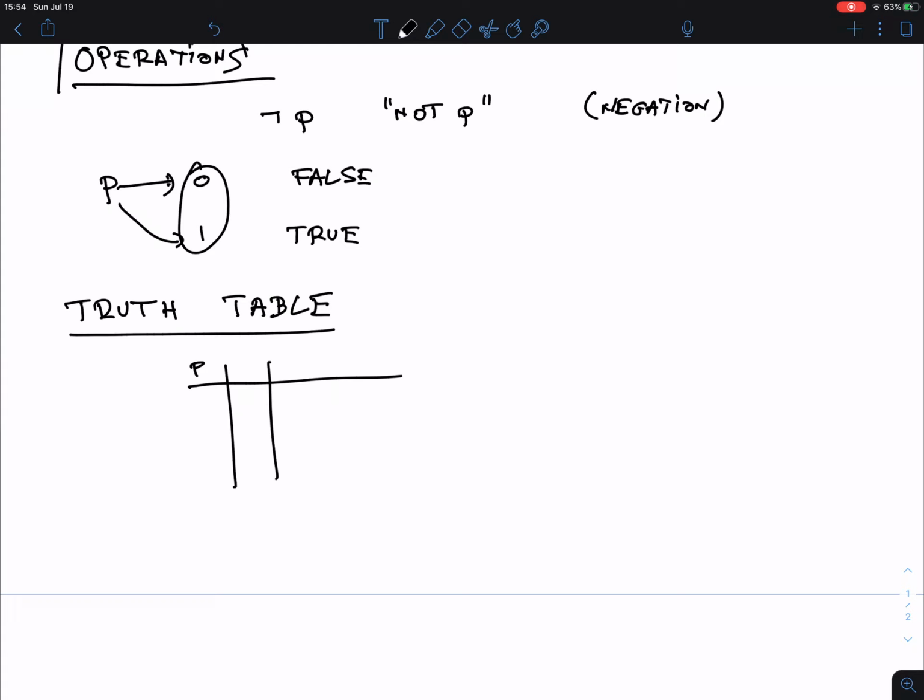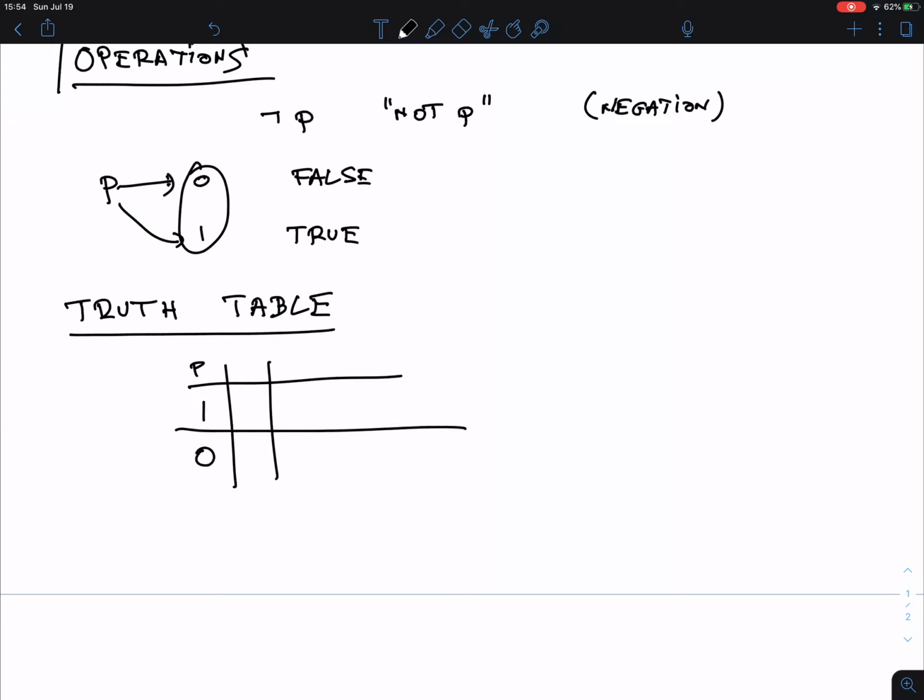Most of you probably have never done this, so it's fresh from the start. So always do it systematically: put truth higher than falseness. So we have 1 and 0. So we have two rows. P is either 1 or P is 0.